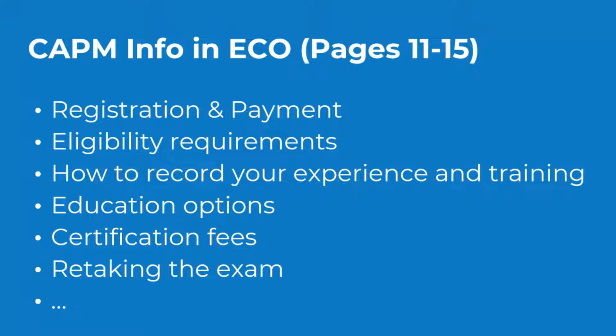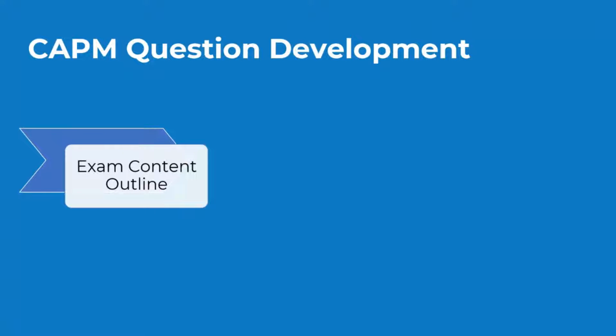PMI also uses the exam content outline to develop their CAPM questions. The way that it works is that PMI has an army of volunteers around the world who develop questions for their exams. These volunteers start out with the exam content outline.